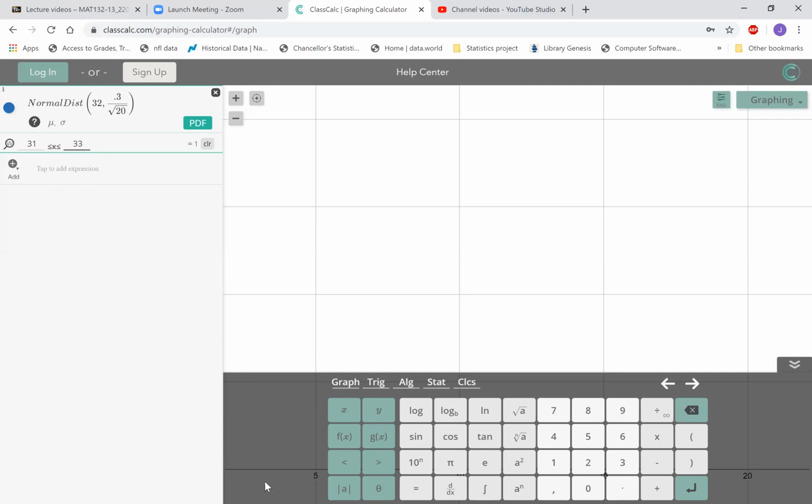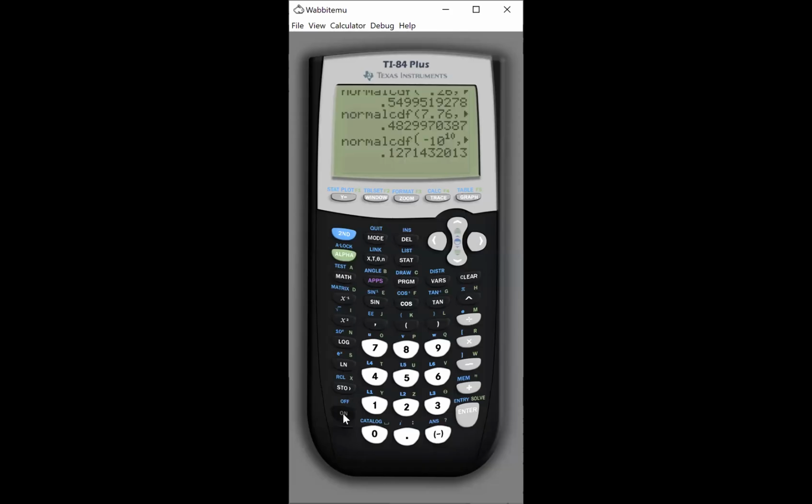All right, so let me switch it over to the TI-84. For the TI-84, you go second, VARS, and you go to normalcdf. For the lower bound, we put 31. For the upper bound, we put 33.